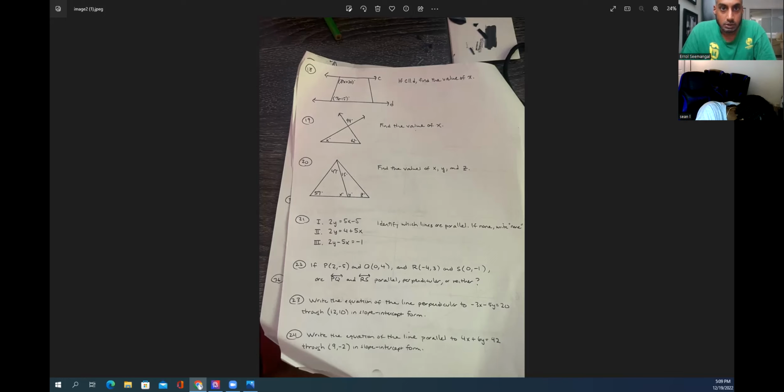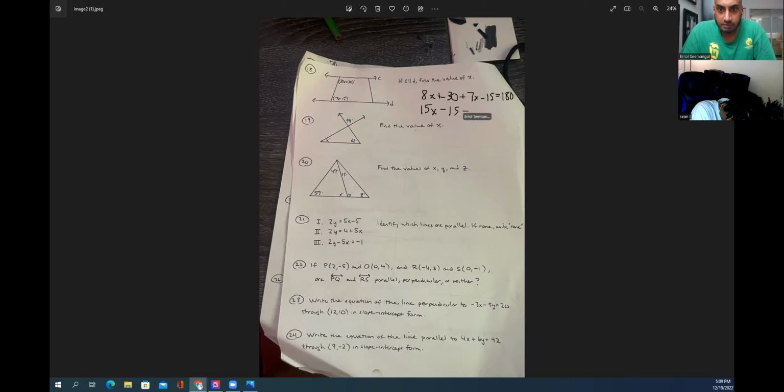Okay. We get 8x plus 30 plus 7x minus 15 is 180. So when you simplify the left side, what do you get? 8x plus 7x is 15x. 30 minus 15 is 15.